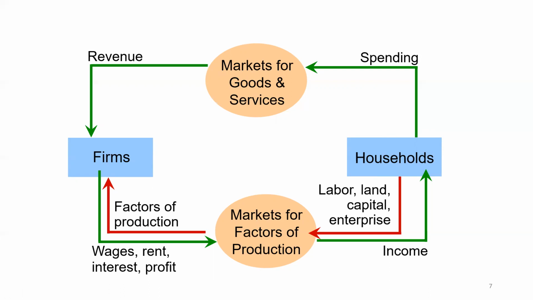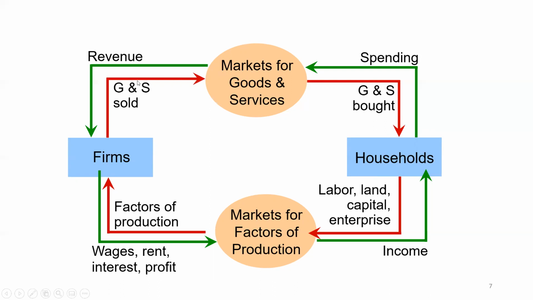Firms sell goods and services in exchange for income or revenue. The households buy the goods and services that firms sell, and that will be then revenue for the firms when they sell goods and services.